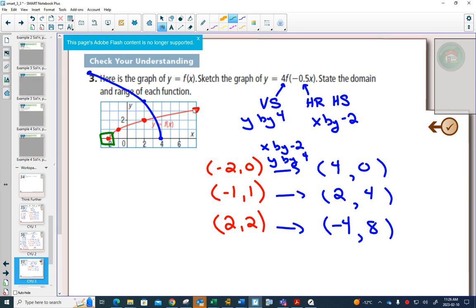There's no arrowhead on that end. That's this point right here. Where did that point go? That point went to this point right there. So that will be the starting point for our blue graph, and knowing that tells me that it continues this way, and that's where I need to make sure I put my arrowhead.